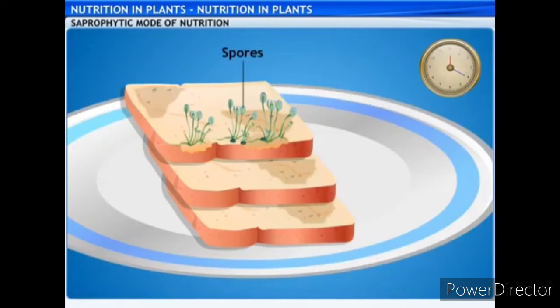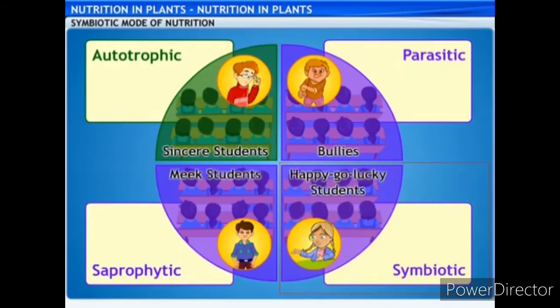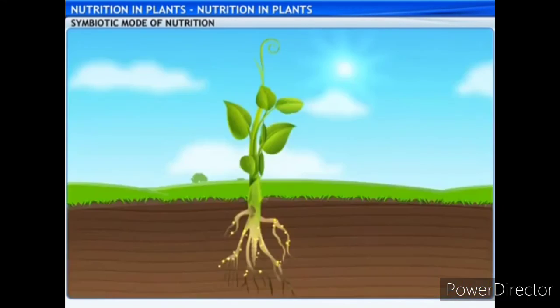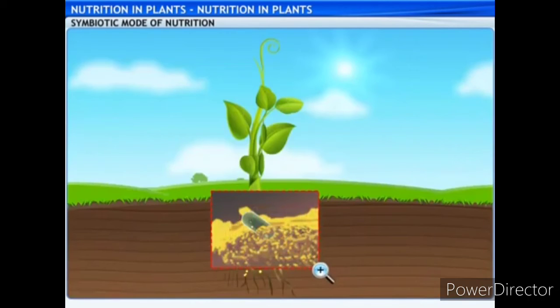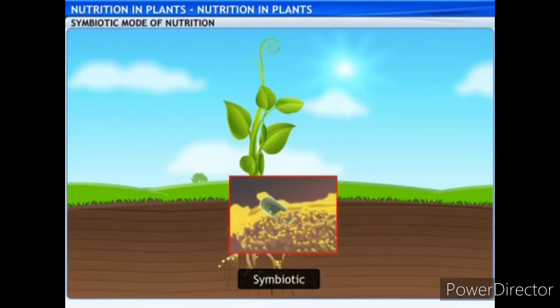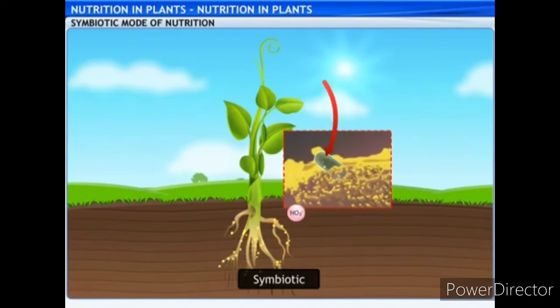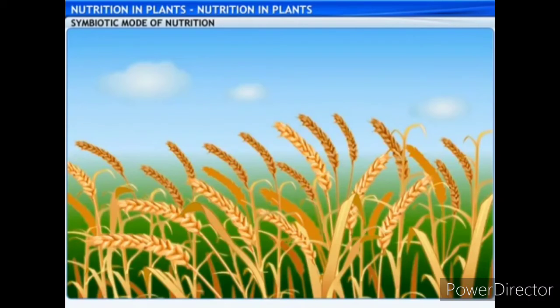Very small microorganisms like yeast, toadstools and mushrooms are examples of saprophytes. Here we go. Some spores are formed on bread. These are also fungi and they grow on the bread. It is also a parasite.